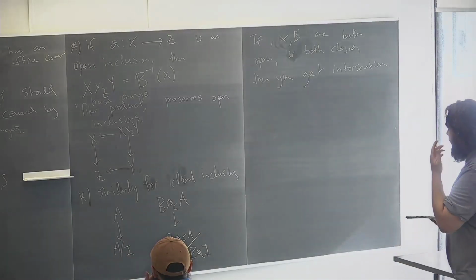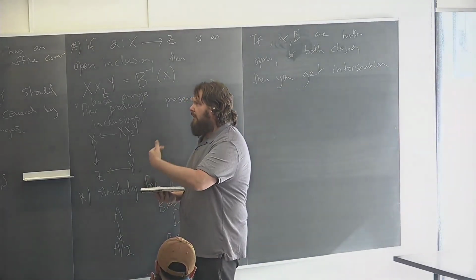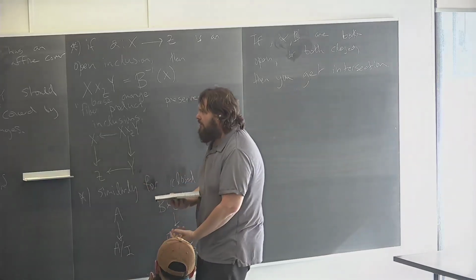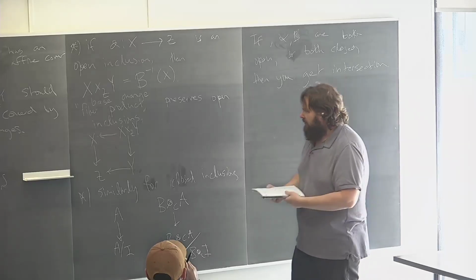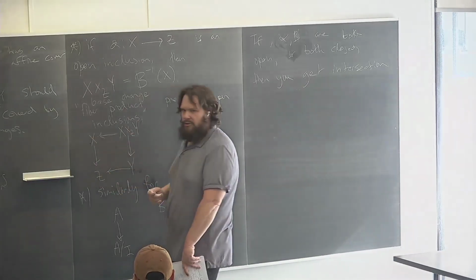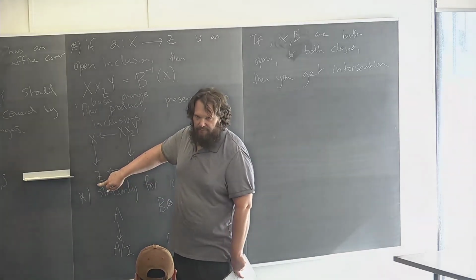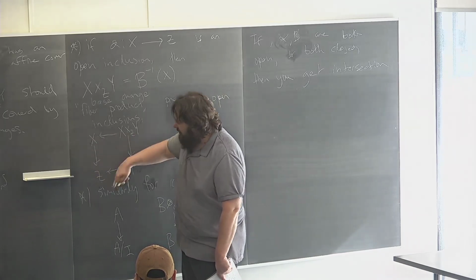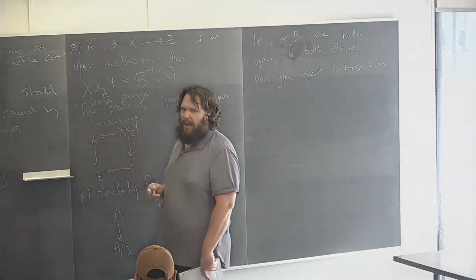The reason it's called base change is very often we want to think about not schemes on their own, but schemes with structure maps. And so in this case, I would be thinking of X going to Z as the structure map. And so Z would be called the base. I'm thinking of this as a family. I'm interested in the fibers of this map.